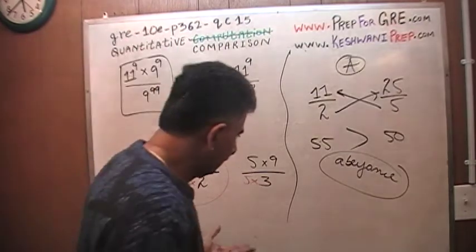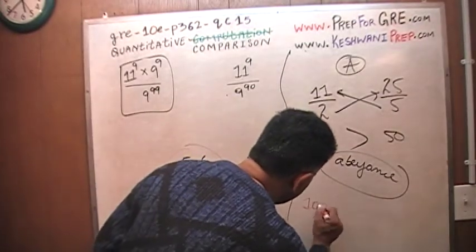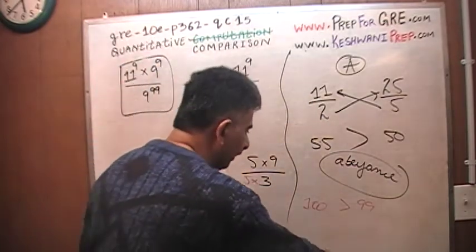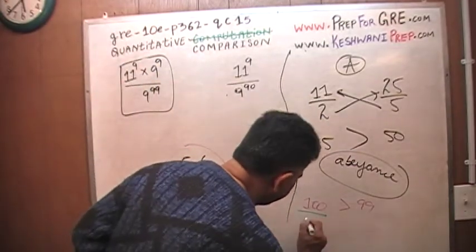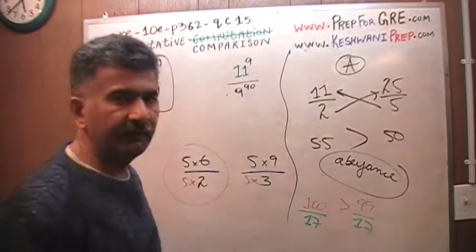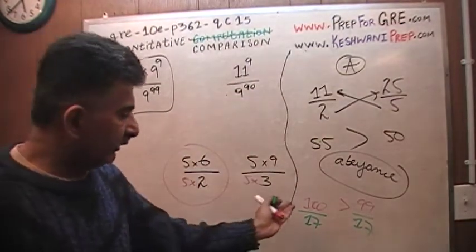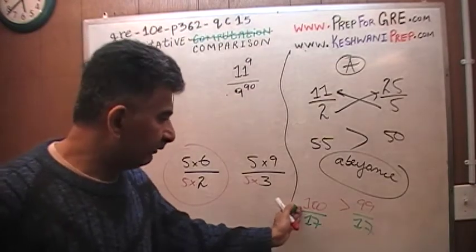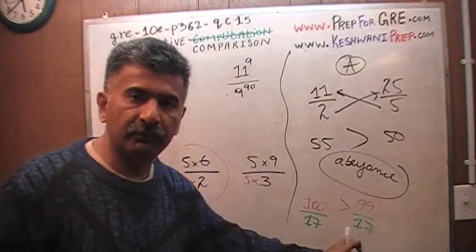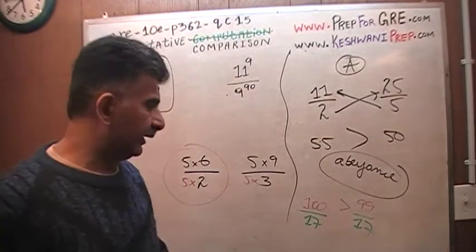For example, if you tell me that 100 is more than 99, then it will be perfectly legal to say that 100 divided by 17 is more than 99 divided by 17. As long as I divide both quantities by the same number, it doesn't change anything. If this quantity is bigger, it's going to remain bigger. If these two quantities were equal, they would remain equal, even if you divide both quantities by the same number.